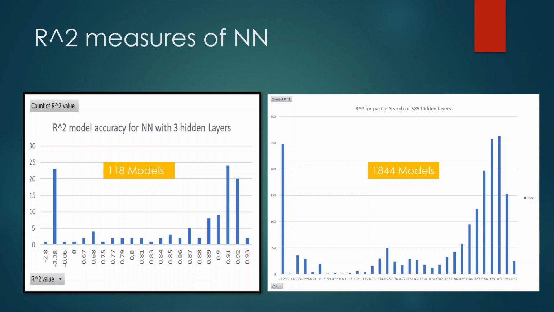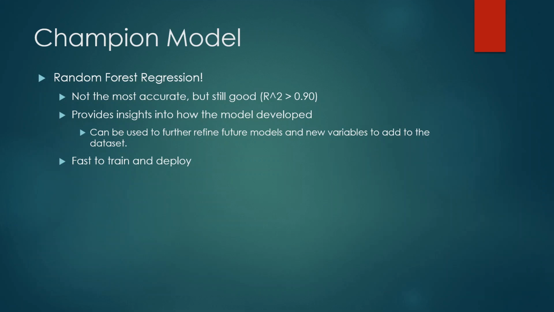So in terms of usability, it's a very frustrating way to go about building a predictive model, because it is such a black box. I have some insights as to whether I would choose more hidden layers than less hidden layers, but it's hard to say. That was the overall result of building the neural nets.